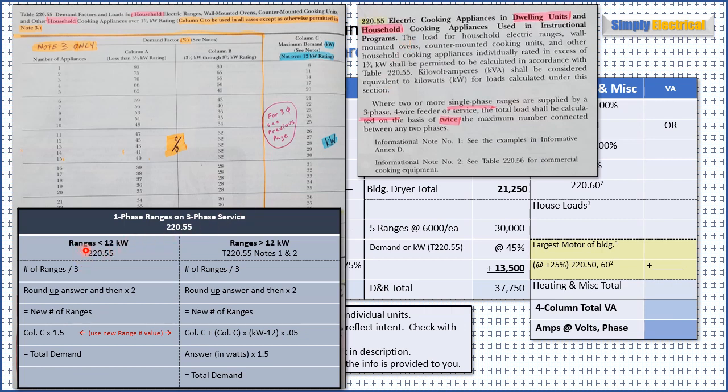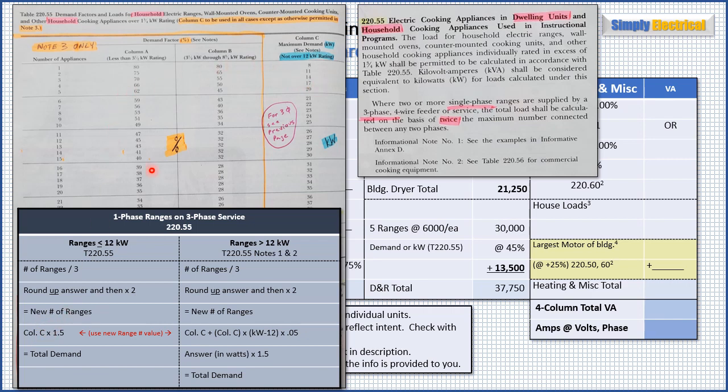And ranges less than or equal to 12 kW, like Table 220.55 tells us. You take your number of ranges, divide by 3, round up your answer, and then multiply by 2. That gives you your new number of ranges. So just like dryers. So now you take that new number of ranges and you plug that into the table, and you get your column C value.